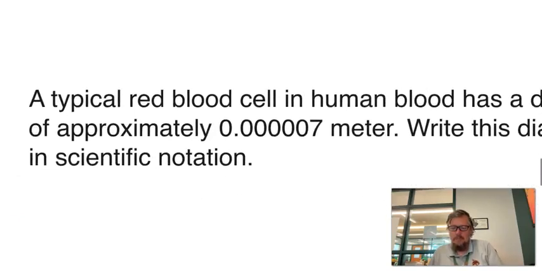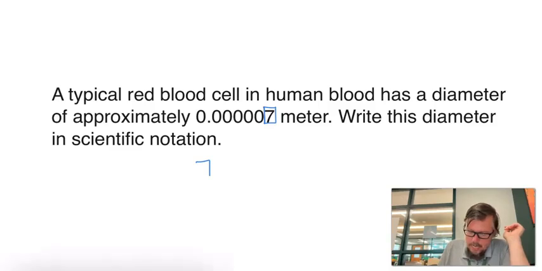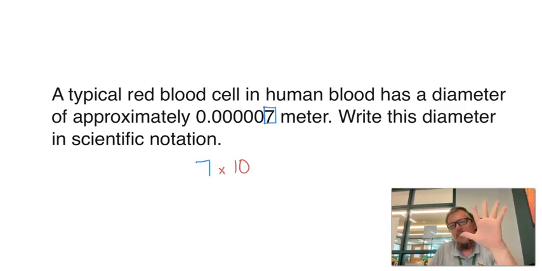Okay, last one. A typical red blood cell in human blood has a diameter of approximately 0.0000007 meters. Write this diameter in scientific notation. So we have a decimal point, 5 zeros, and then a 7. So we're going to start with our 7, and we're going to multiply by 10. There's a decimal point and 5 zeros.